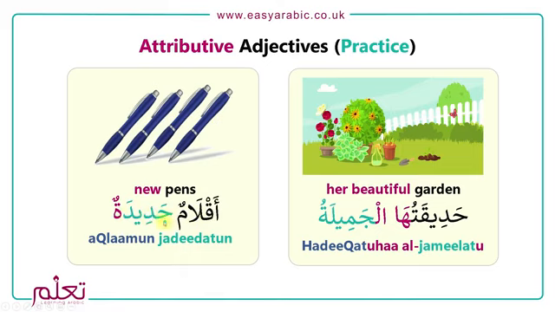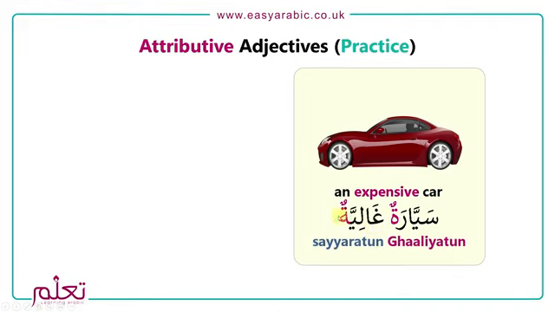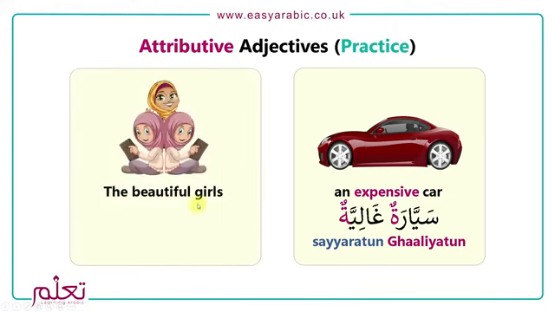Okay, aqlamun jadidatun. An expensive car would be sayyaratun, which is car, and expensive we said was ghali. So this is ghaliyatun, so again this ends with ta marbuta, this also ends with ta marbuta, ends with tanween, okay, sayyaratun ghaliyatun.